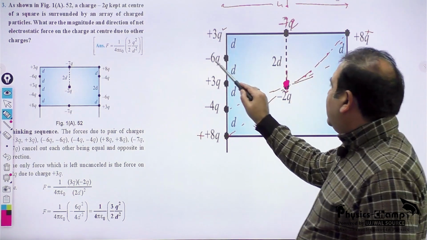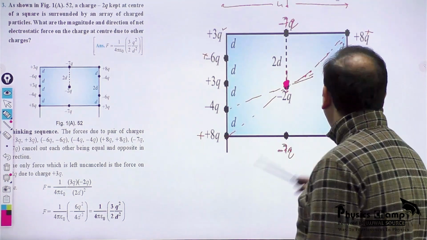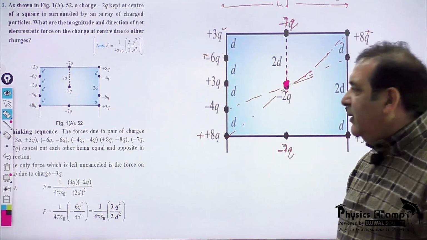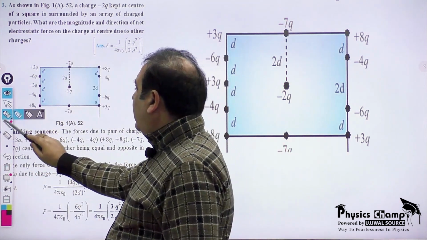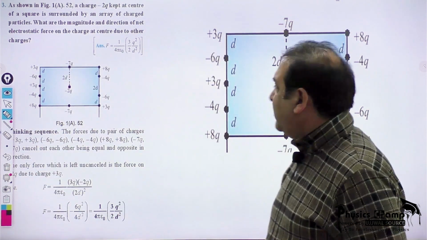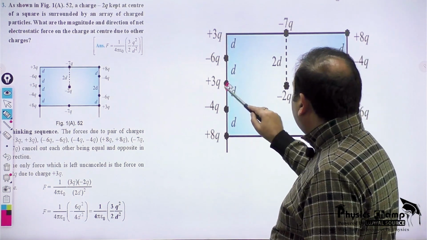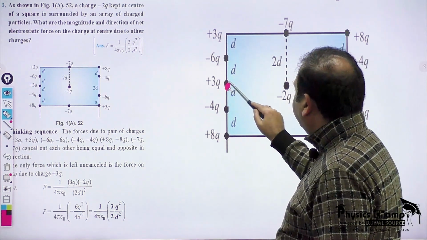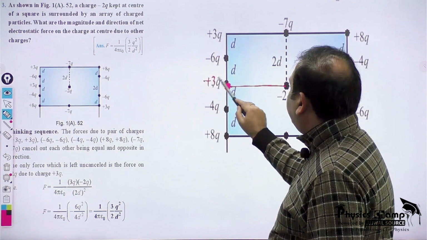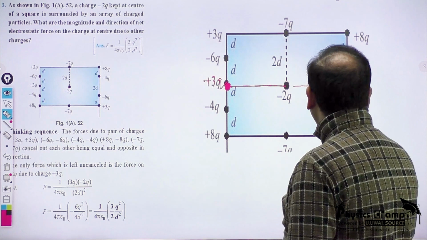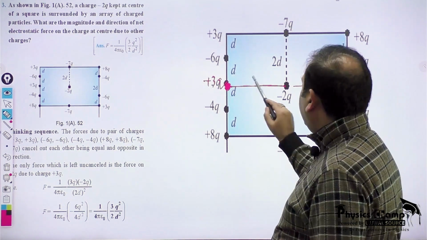Similarly, this minus 6q and this minus 6q, they will also cancel the effect of each other. So if I look at this arrangement, the only charge whose effect is not cancelled is plus 3q. So this is plus 3q which is present here. There is no corresponding charge on this side, and this gap is 2d.